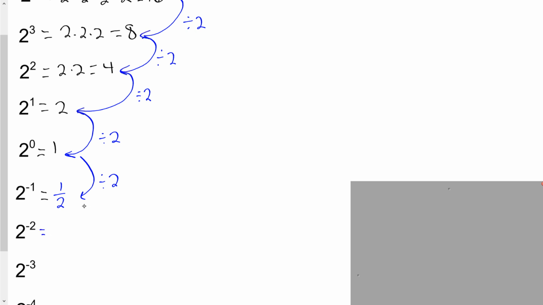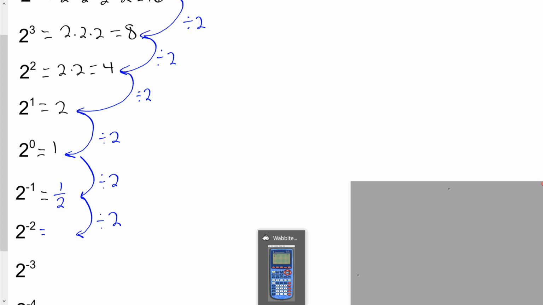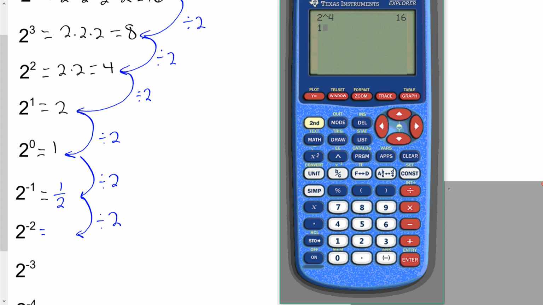Right? And to continue on, 2 to the negative 2nd power, let's continue that pattern. Let's divide by 2 again. 1/2 divided by 2 is 1/4.